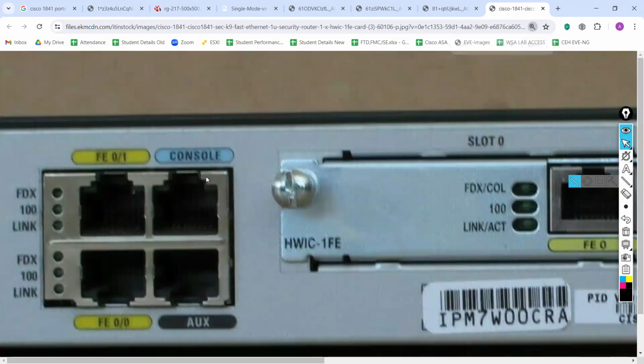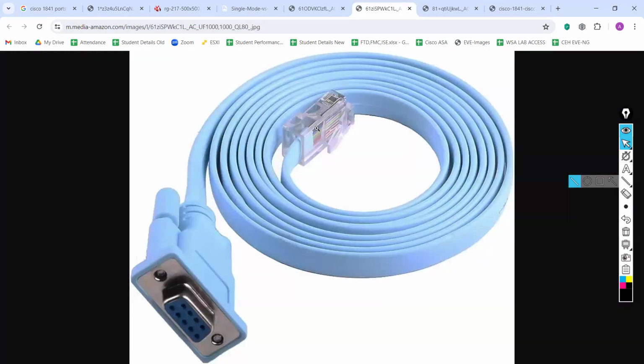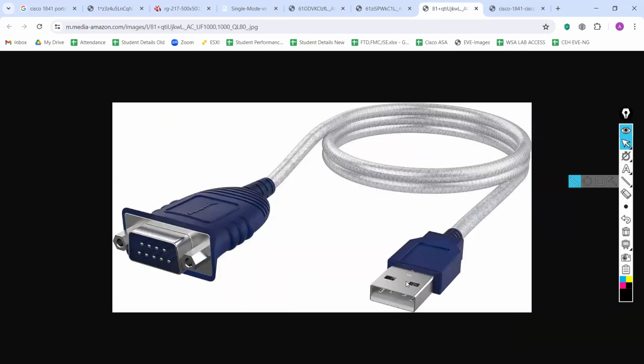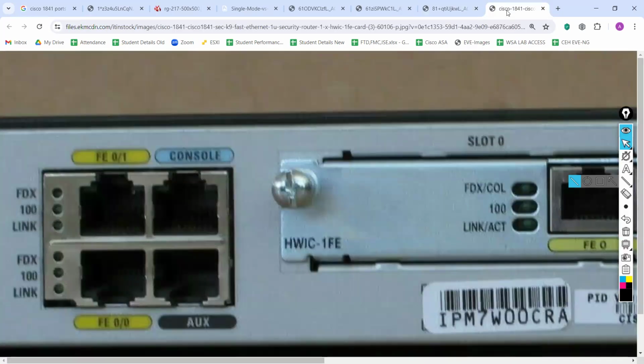Here also you can see there is a dedicated console port available. Again, this is where we will connect the RJ45 end of the cable. The other end, we will convert into USB and connect into my system. Then it is going to give me access to the device. Now I can do the basic configuration, and later on I can use these ports, FE0/1, FE0/0, to access it, because on these ports I can configure an IP address and so on. Clear?